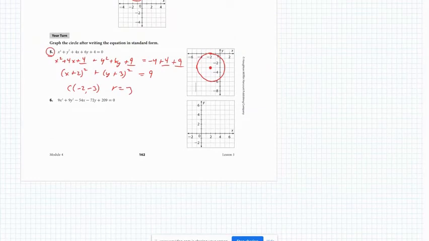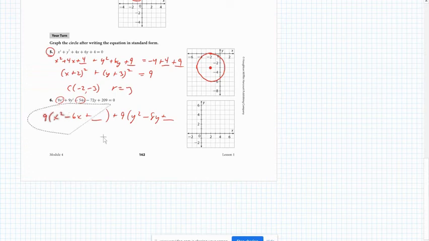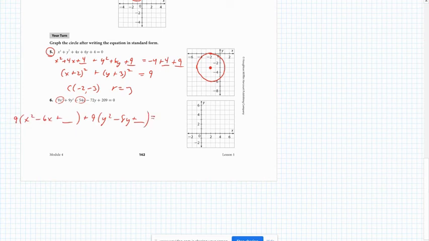we first need to factor out the 9 from the x terms. And so that's going to be 9 times parentheses x squared minus 6x plus blank. And then factor out the 9 from the y's. We have 9 times y squared minus 8y plus blank equals -209.